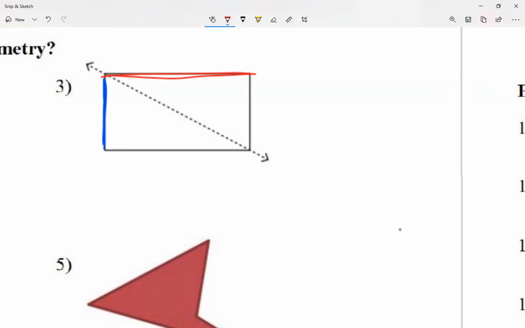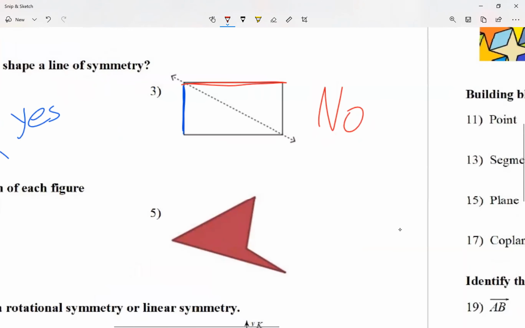Interesting part is that the two segments are not the same length. So if I was to reflect it over, I would not get the same figure. Notice how the red line and the blue line are not the same. So then I'm going to say, nope, this is not a line of symmetry. I didn't get the same picture. Notice how one is smaller than the other.